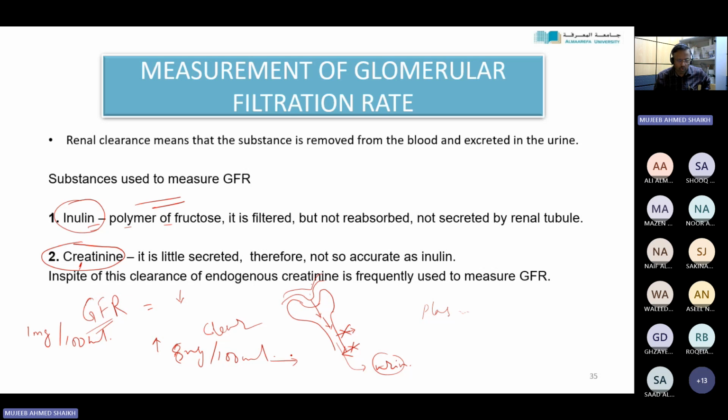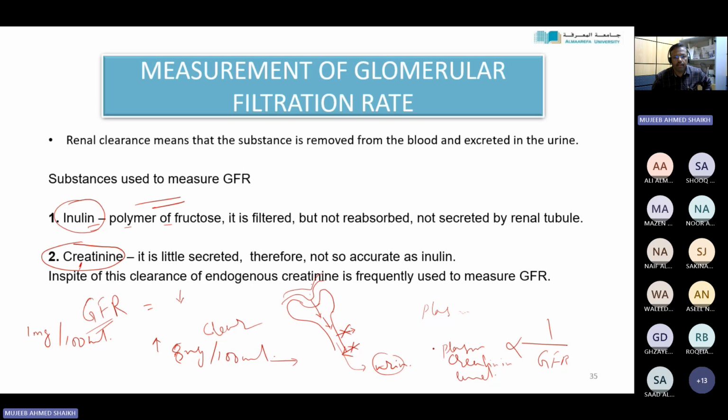So if filtration is more, the value should go down. If filtration is less, the value will go up. So creatinine level increases when there is a decrease in the GFR. So plasma creatinine level is opposite to the GFR, it is 1 by GFR.